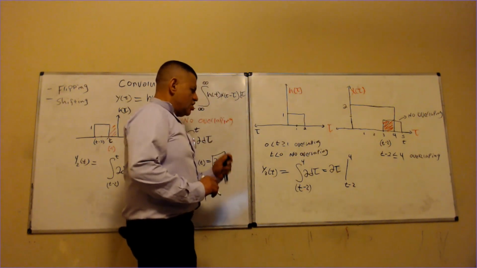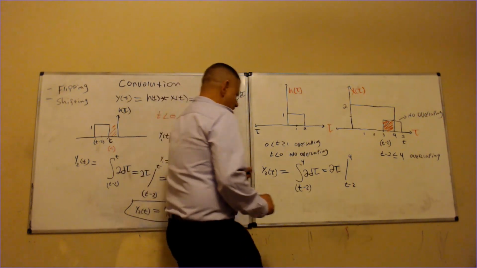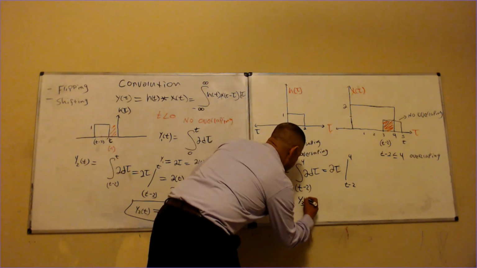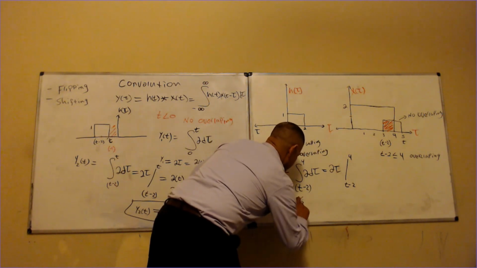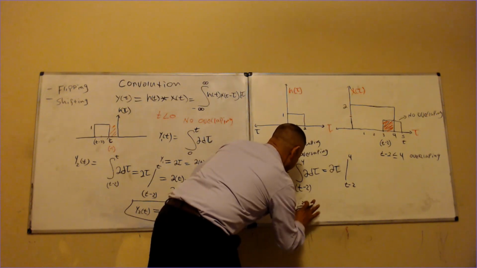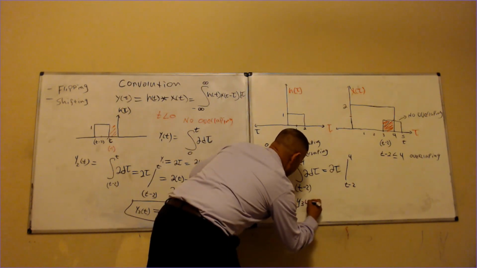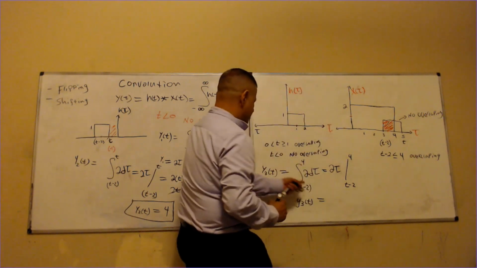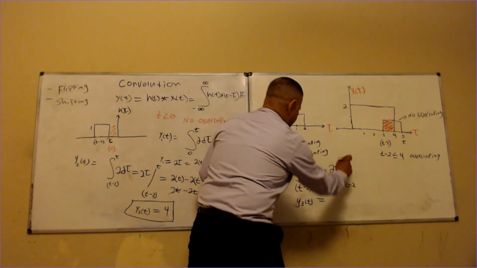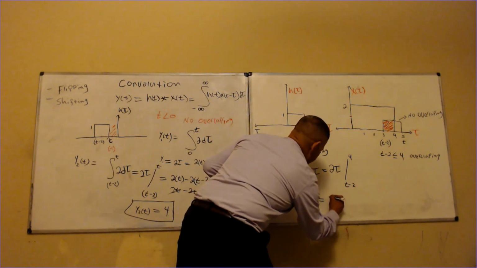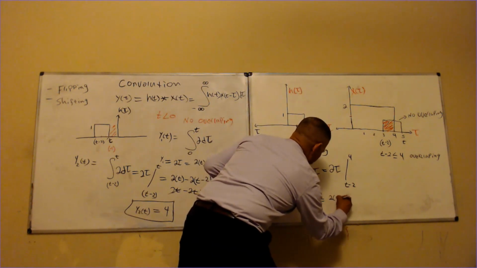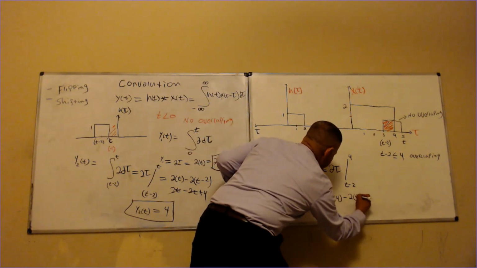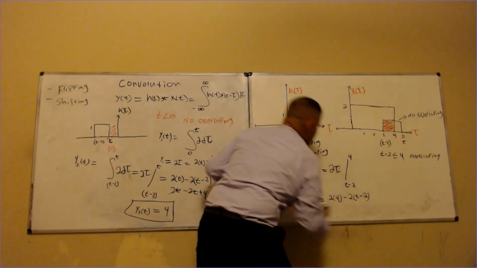But anyway, so now I say that y3 of t is equal to, so I'm evaluating that at that point, which is going to be 2 times 4 minus 2 times t minus 2.